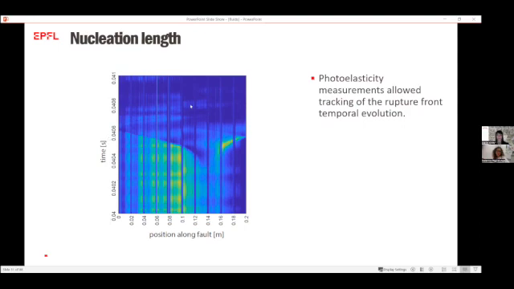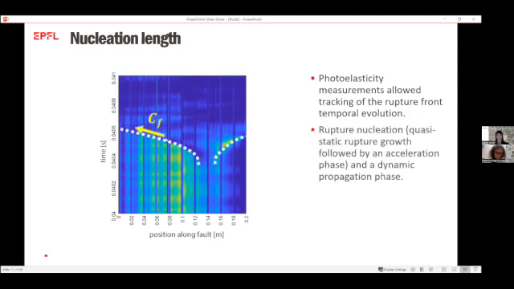So we had this kind of data for each rupture. And so what I did was just to handpick this rupture front and to study the difference for each condition, under dry conditions and lubricated conditions. And so for each rupture, we could define what we call the nucleation length, which was in this case defined as the first observed slipping patch.